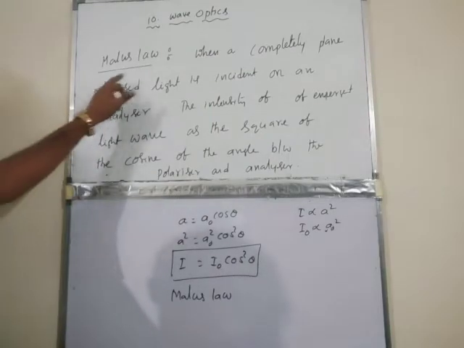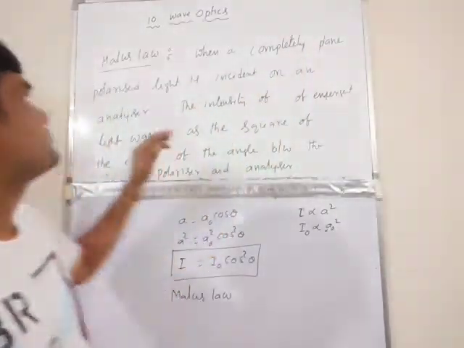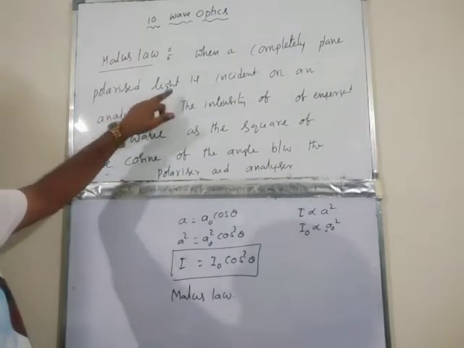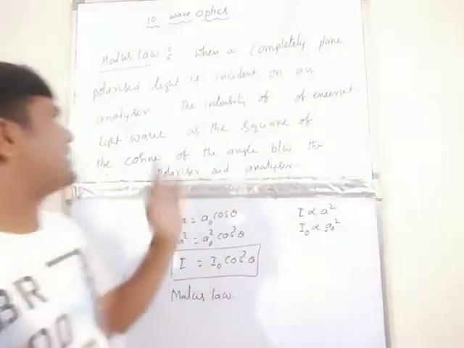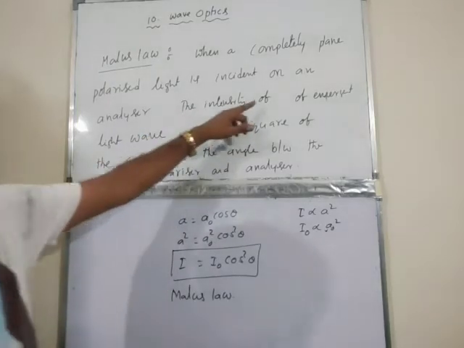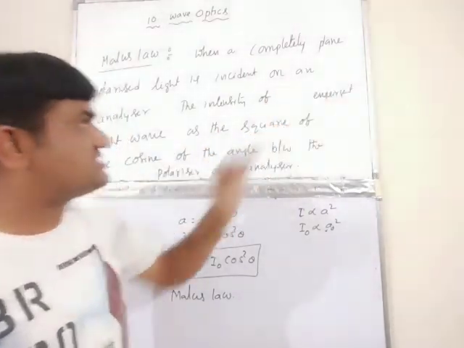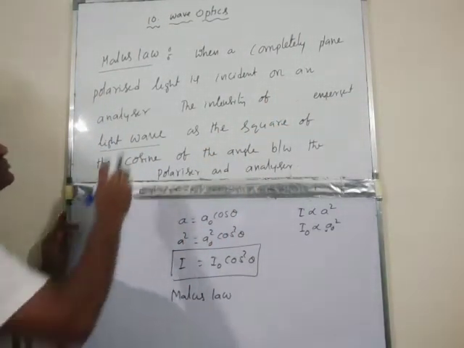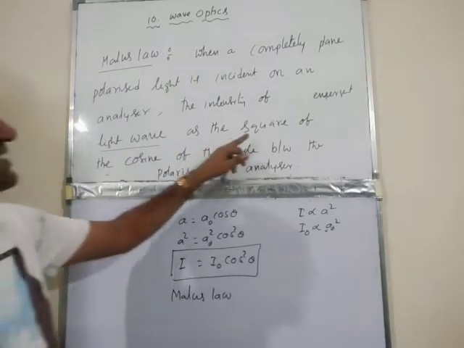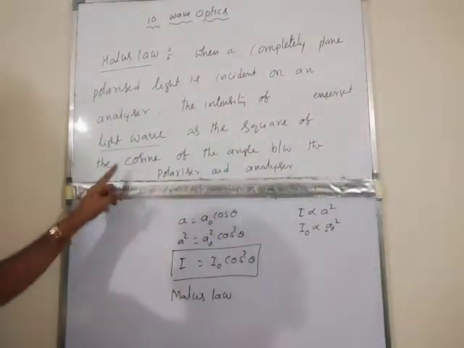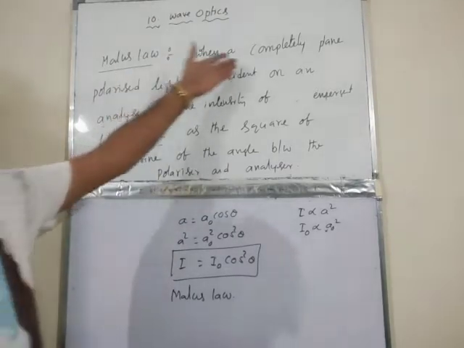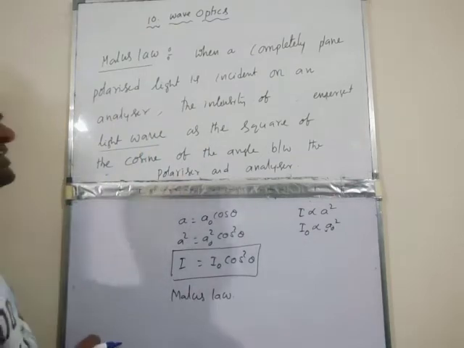Malus law is nothing but this: when completely plane polarized light is incident on an analyzer, the intensity of the emergent light wave is proportional to the square of the cosine of the angle between the polarizer and the analyzer.